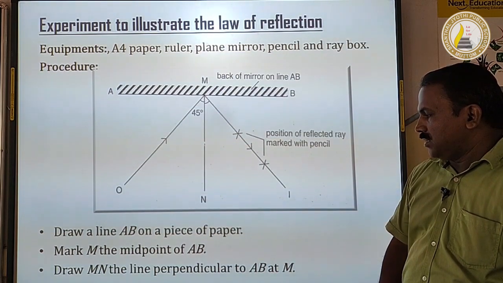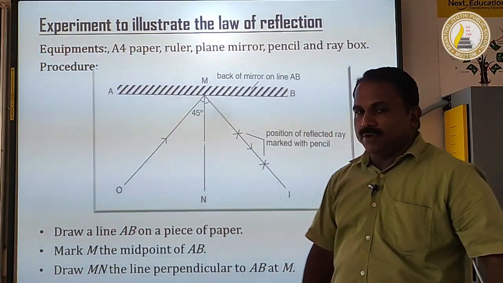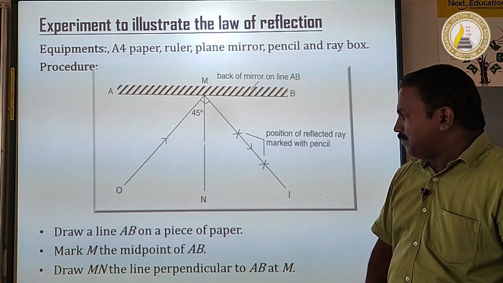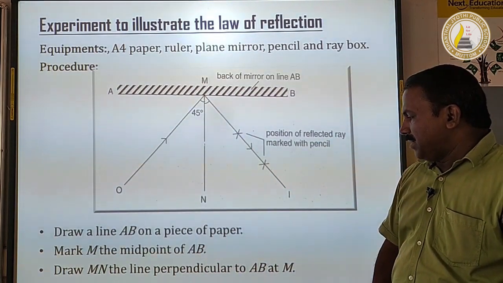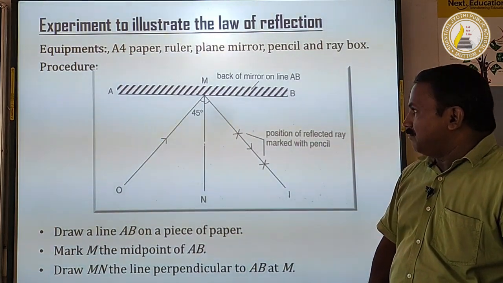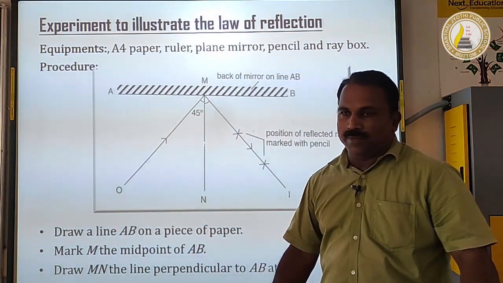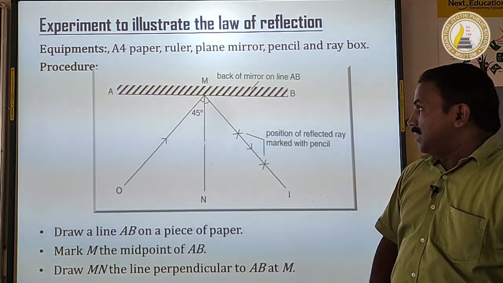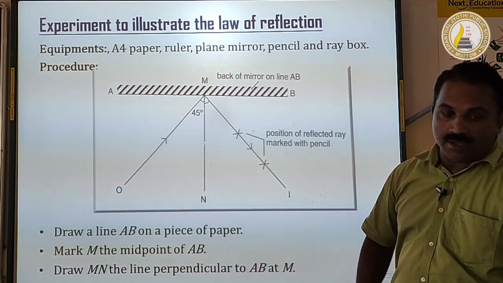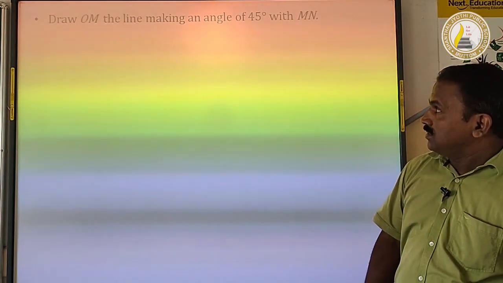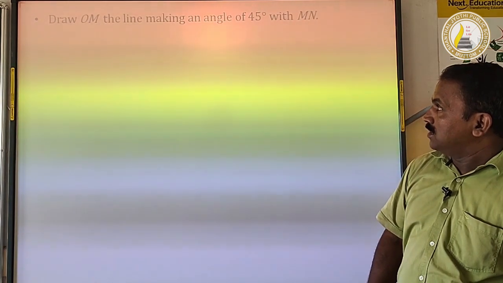Then second, mark M, the midpoint of AB, in the middle part of the mirror. Then draw MN, the line perpendicular to AB at M, or we can say it is the normal. We have to draw the normal, a 90-degree line, with the plane mirror. So MN is the normal.